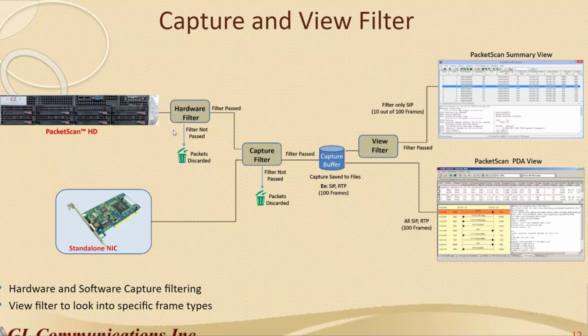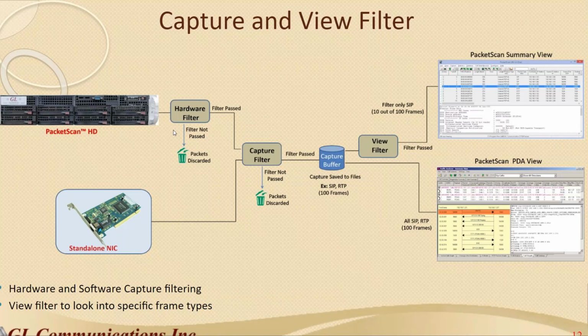For instance, let's say you're only interested in voice over IP calls, and most voice over IP calls ride over UDP. So say you want to only filter on UDP packets and you don't want to include the TCP packets. So we have a hardware filter there, which is a super fast filter because the filtering is being done at the hardware level on the network interface card.